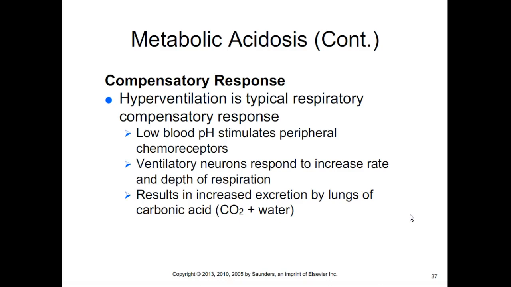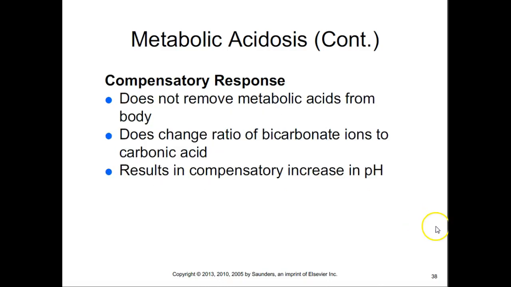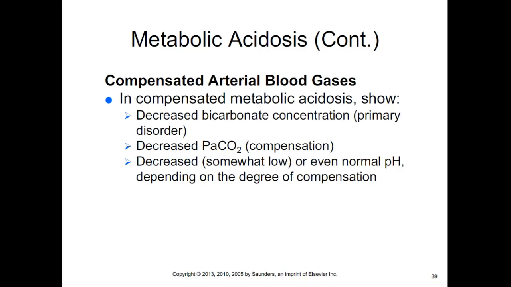So we are now going to increase the excretion of carbonic acid via carbon dioxide. It does not remove the metabolic acids from the body. It just compensates. It changes the ratio of bicarbonate ions to carbonic acid, resulting in a compensatory increase in pH, which is what we need in the meanwhile to stay alive, right?